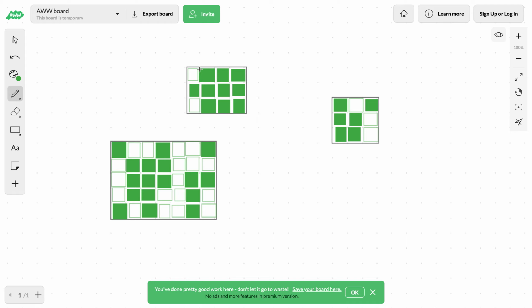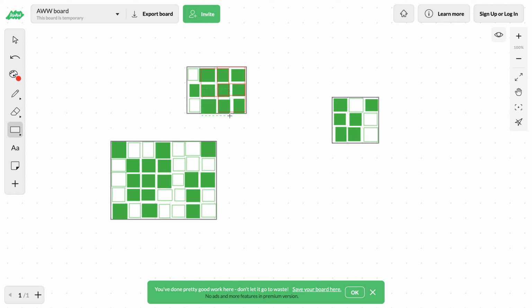Then we have a certain number of squares of size 2 as well, for example this one here, and this one here, and then this one here, 3 and 4.